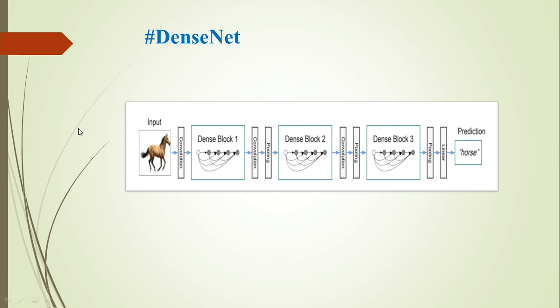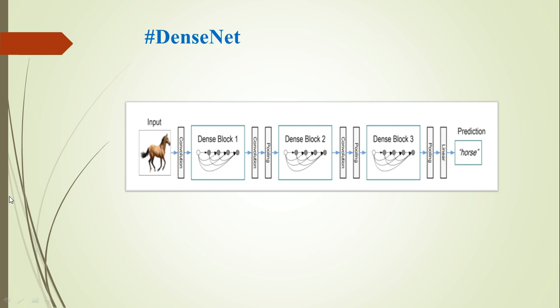Let's see the architecture diagram showing how the input of an animal is predicted as a horse. DenseNet is one of the powerful architectures and also an advanced version of CNN, developed with the help of the concept called dense connections.